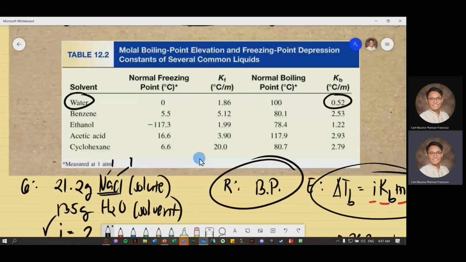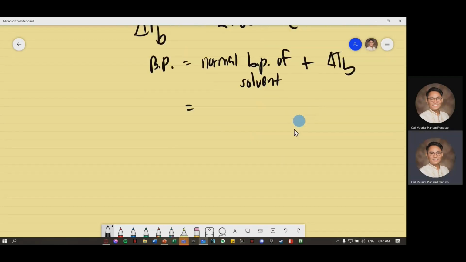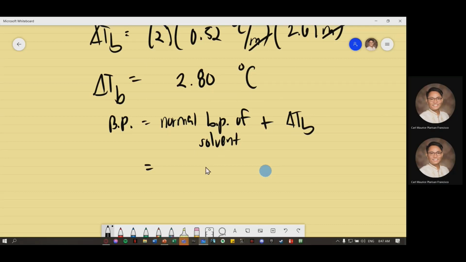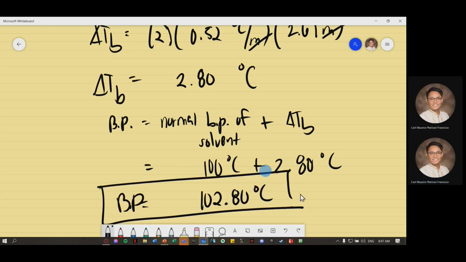According to the table, the normal boiling point of water, in this case our solvent is water, is 100 degrees Celsius. So that means 100 degrees Celsius plus 2.80 degrees Celsius. So final answer, 102.80 degrees Celsius is the boiling point.